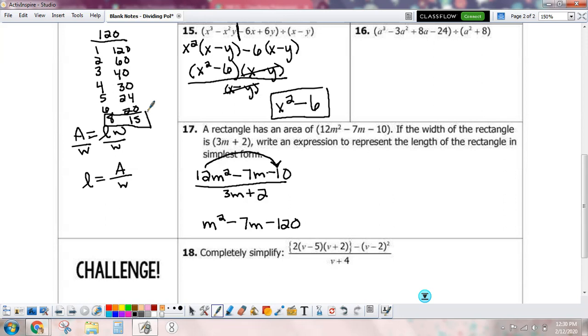So I'm going to use 8 and 15. I need it to be a negative 7, so I'm going to make the 15 my negative number when simplifying this. So I'm going to bring this up here. So now I have m plus 8, and then m minus 15. Okay, so now that I've simplified it here, I need to make sure I'm reusing that 12.